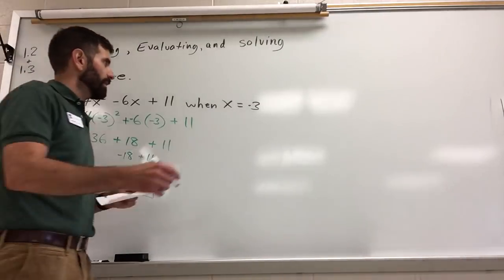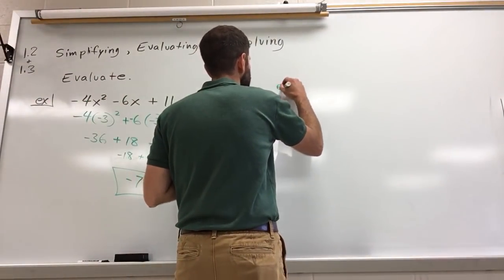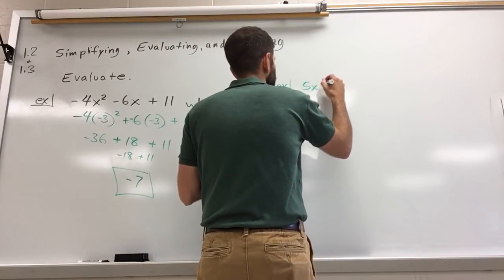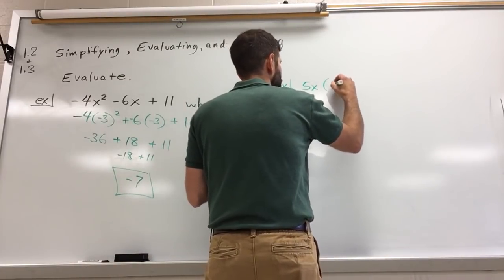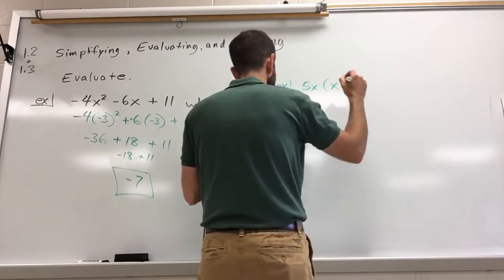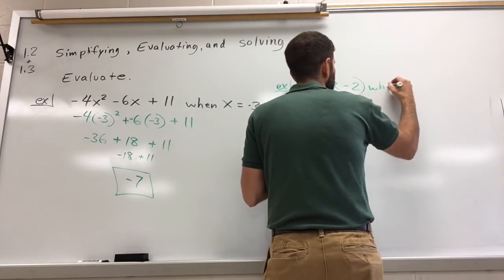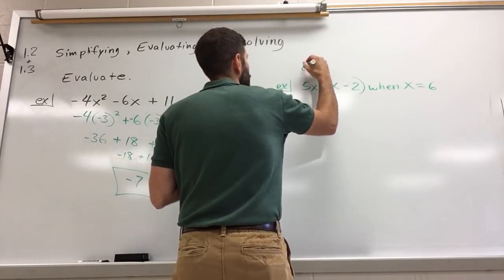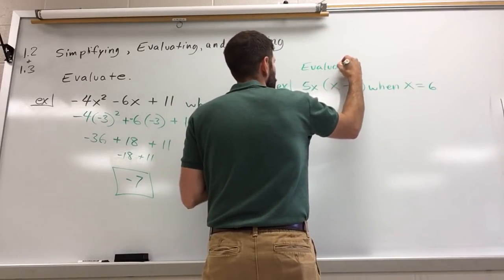All right, let's move to a second example here. Five x multiplied by x minus 2 when x is equal to 6. And again, our instructions are to evaluate.